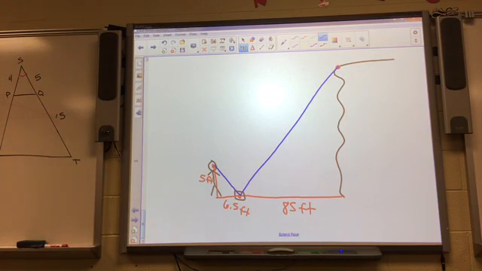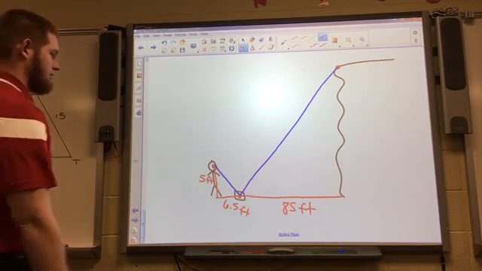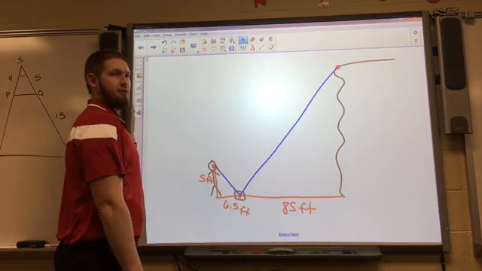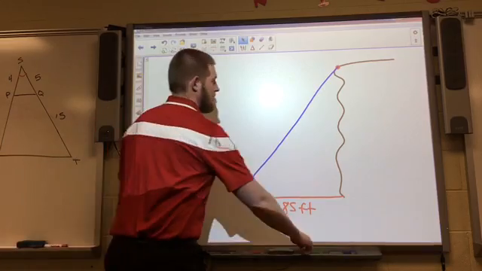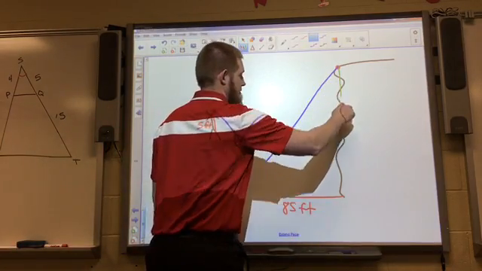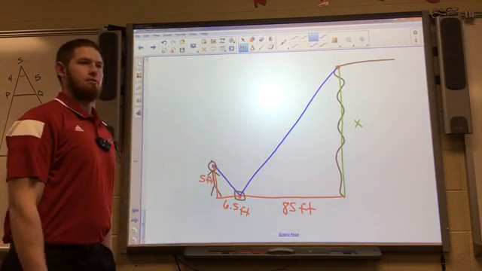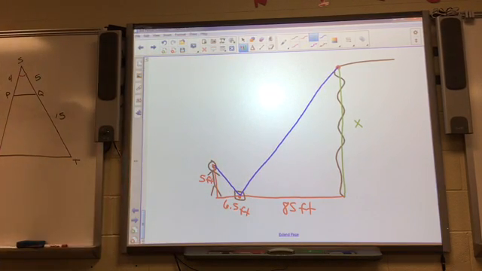What did he create by doing this? 2 triangles. Two triangles that are what? They're similar to each other. So his whole goal here is to figure out how high it is, right? So he's trying to find out that height. Should he be able to set up a proportion to figure this out?